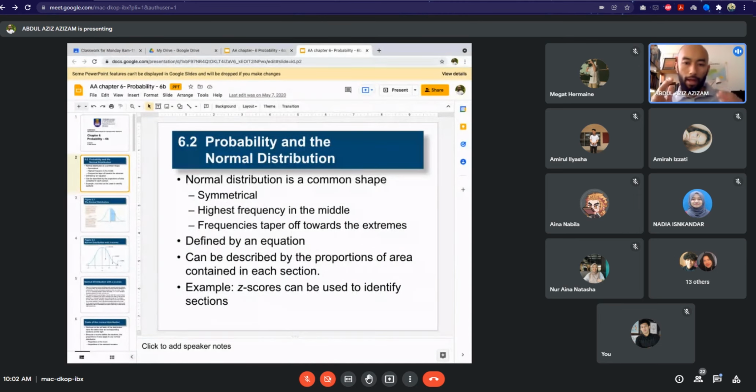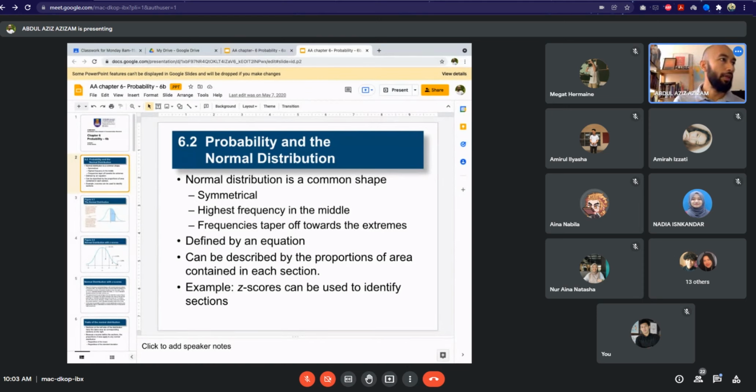Okay, tadi kita dah faham pasal distributions. You all dah dapat faham konsep dalam bell shape itu, every portion to represent the percentage of your respondent, the percentage of the distribution.